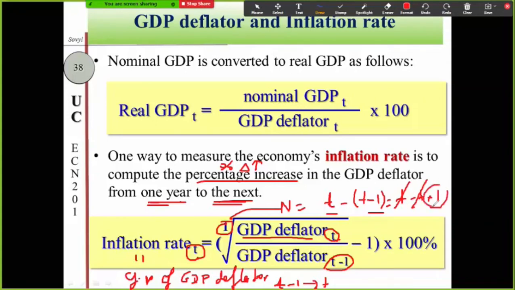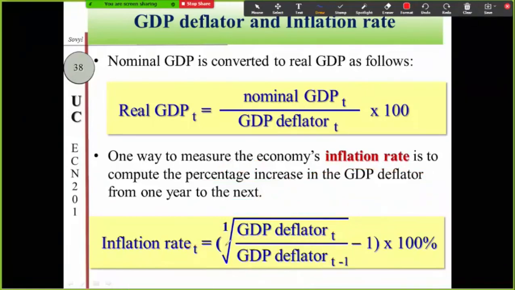That's why we got only 1. But the first root is nothing, so I can delete it. So this is the inflation rate. Inflation rate is the growth rate of GDP deflator from one period to the other period.